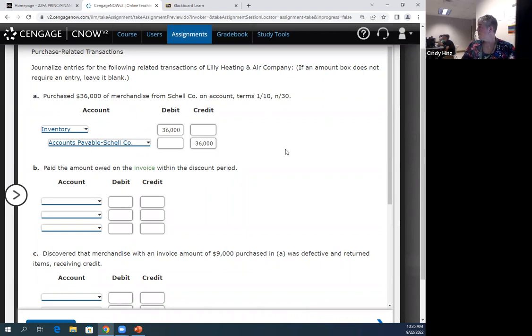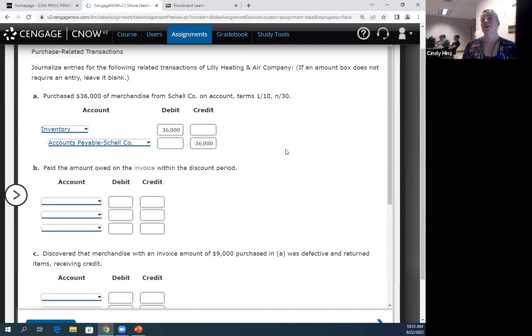The book talks about, and you should definitely read about, if you haven't already in the book, subsidiary ledgers. So we've seen that accounts payable starting in chapter 1. We've seen that many times at this point. But that dash Shell Company, what does that mean? Do we actually have a separate accounts payable just for that one vendor or one supplier? We definitely don't. That would be far too cumbersome in our accounting records.